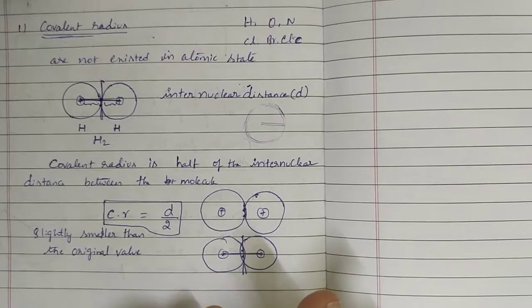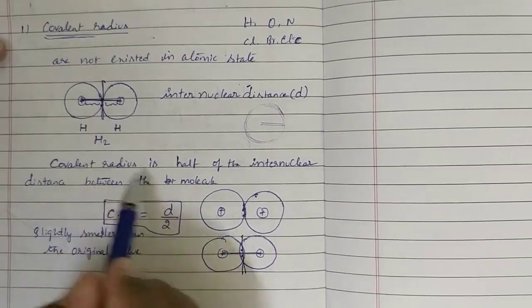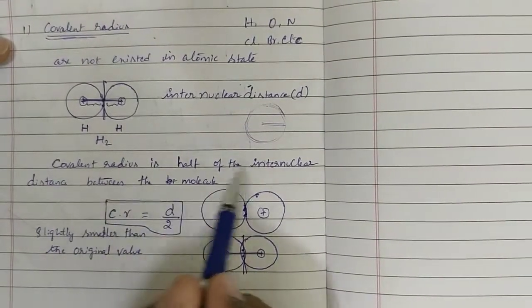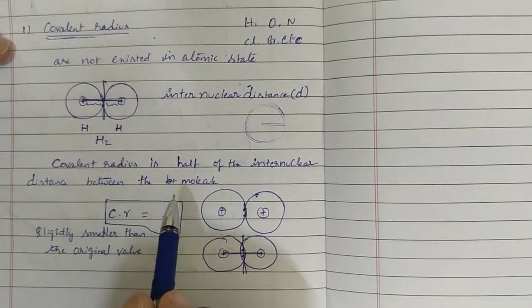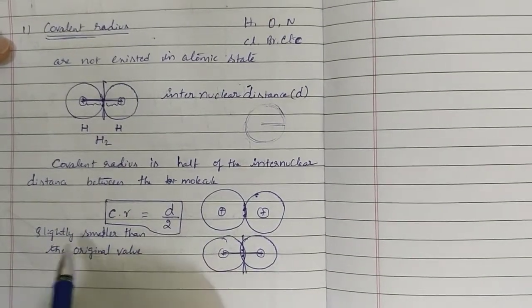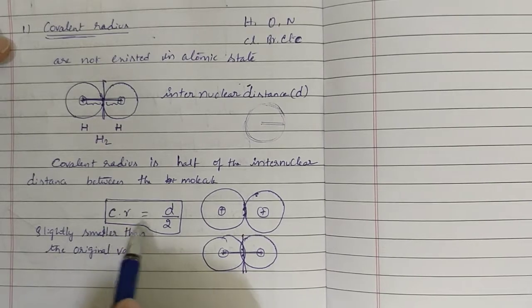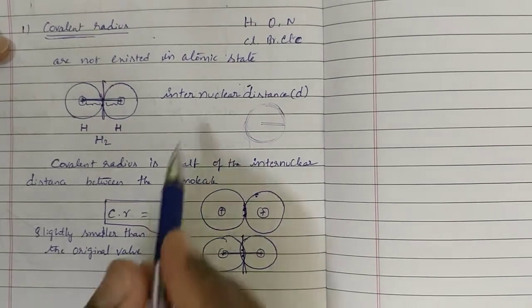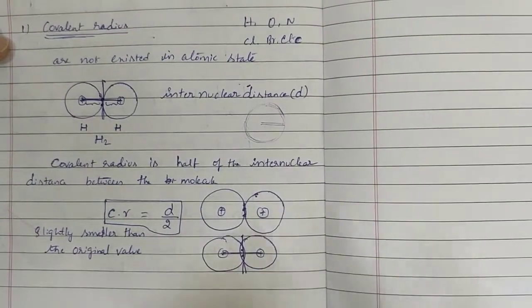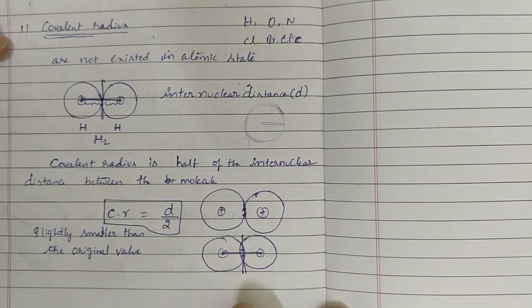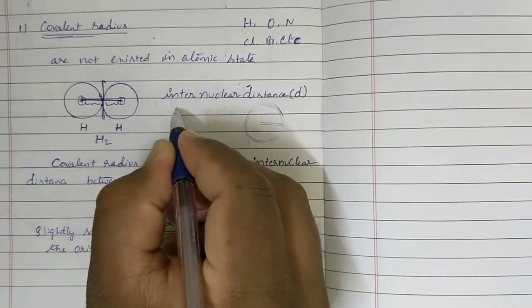That is the meaning of this. Now, what is the covalent radius definition? Covalent radius is half of the internuclear distance between the molecule. Covalent radius is equal to d/2, where d is called internuclear distance, which is also called bond length.